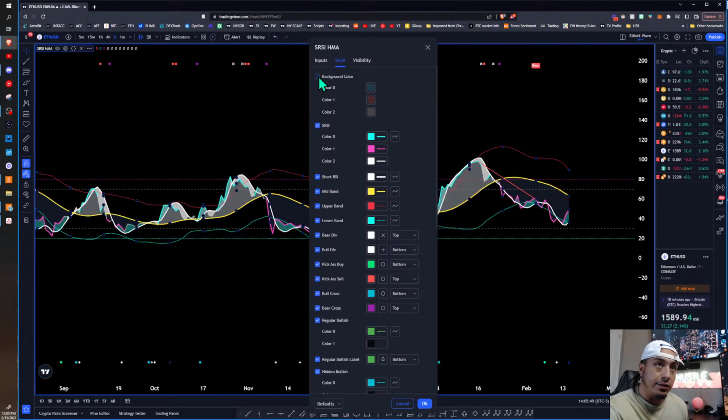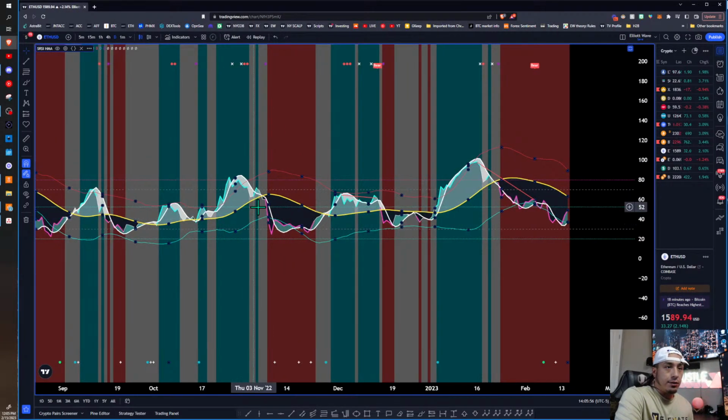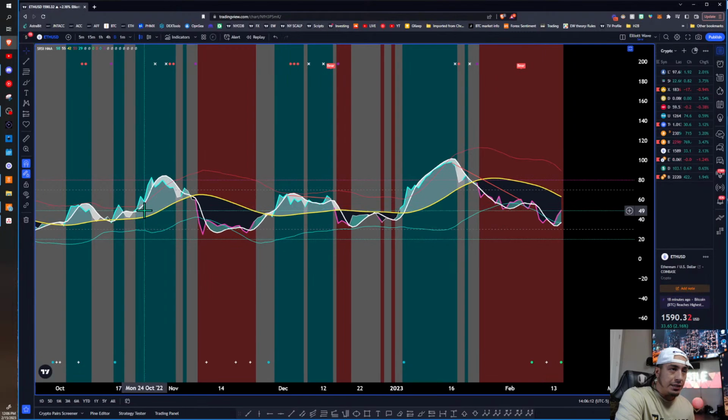Basically, this background stuff is telling you when RSI or SRSI turns pink or turns blue. I think on your side, originally, the colors should be red and green, the standard colors for bullish and bearish. But on mine, I just like blue and this pink color.